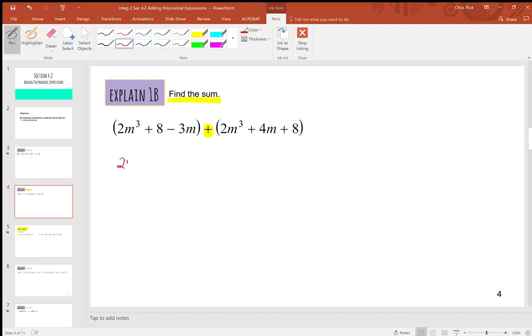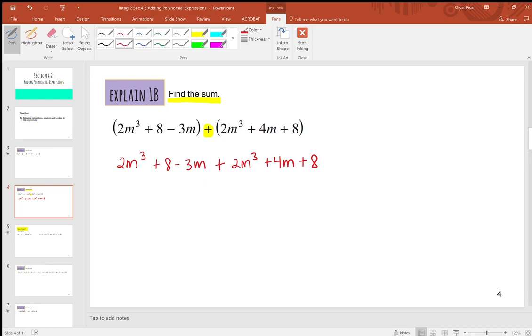So that's 2m to the third plus 8 minus 3m plus, and once again I'm just dropping the parentheses, 2m to the third plus 4m plus 8. Once you've dropped the parentheses, go ahead and combine like terms by figuring out which terms have the same variable and the same exponent.